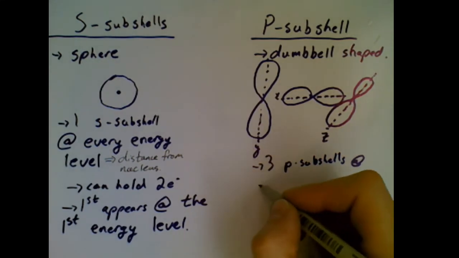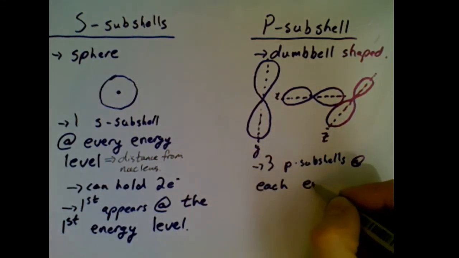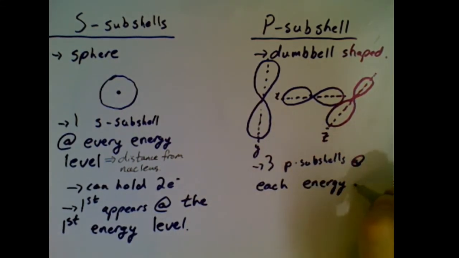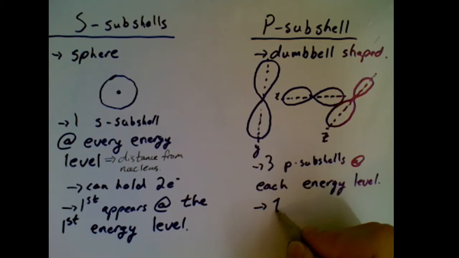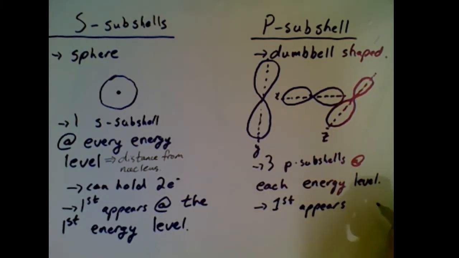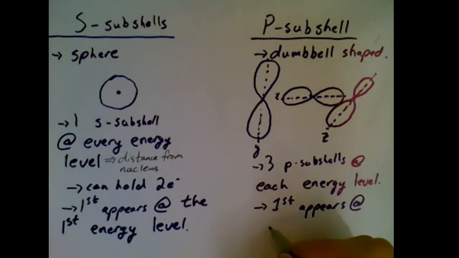Which means there are 3 P subshells at each energy level. And it first appears at the second energy level.